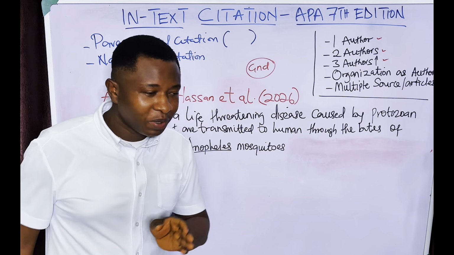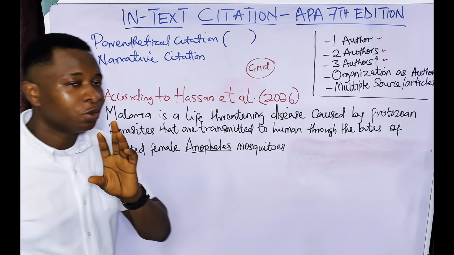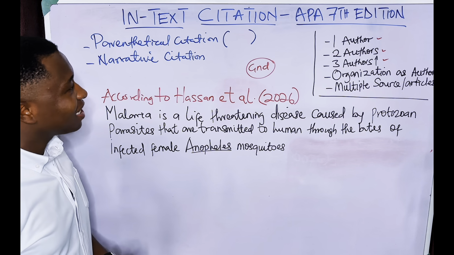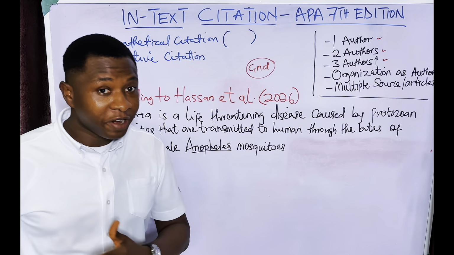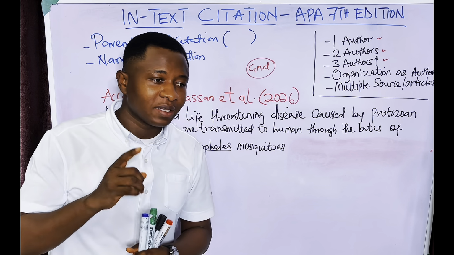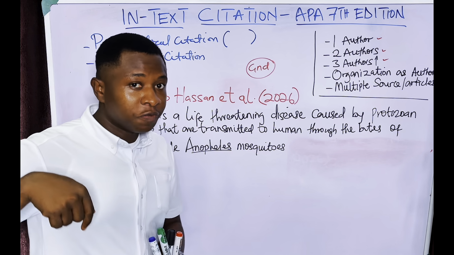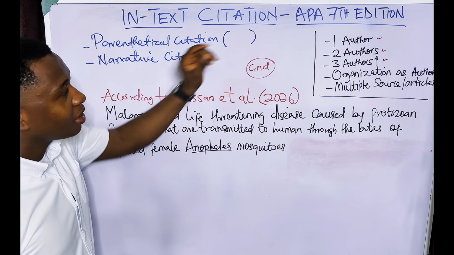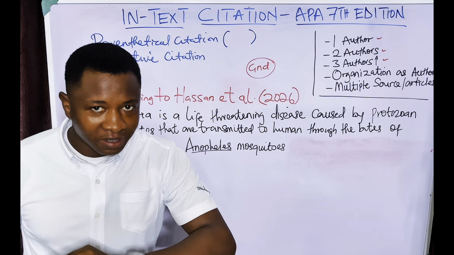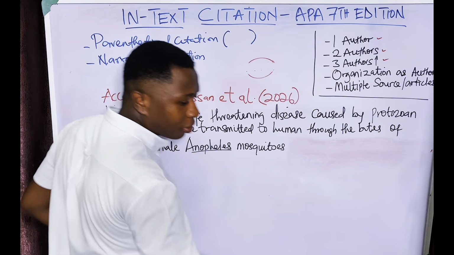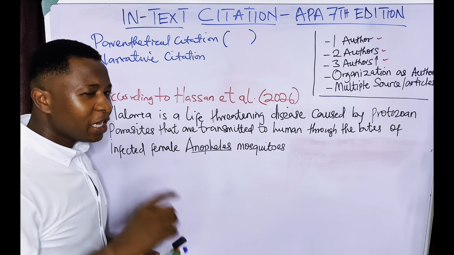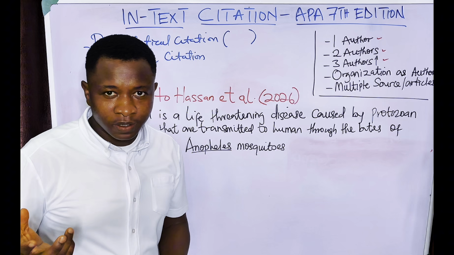If you have any question, please put it down in the comment section and I will do well to answer that. Before I go, the major difference between a citation and a reference. I've done a video on reference. If you have not looked at that, I'll tag it to this video so you can go and check it out. The major difference between a citation and a reference is that a citation is a small chunk of a reference.